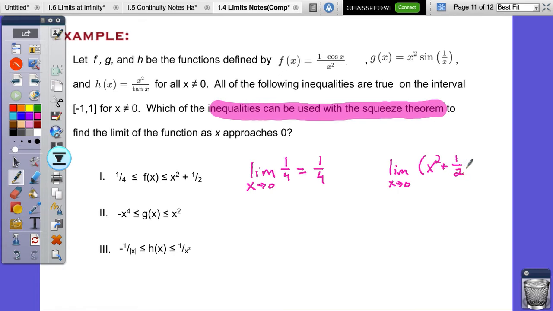Again, easy plug in. 0 squared plus 1/2 gives us 1/2. All right, since those are not the same, we cannot use squeeze theorem on number 1. We know our answer is probably going to be between 1/4 and 1/2, but we don't know exactly what it is.